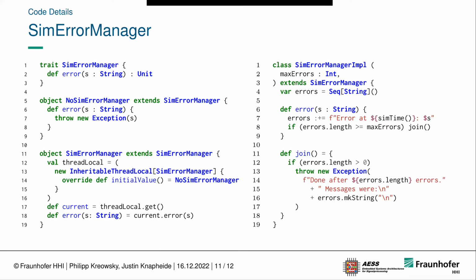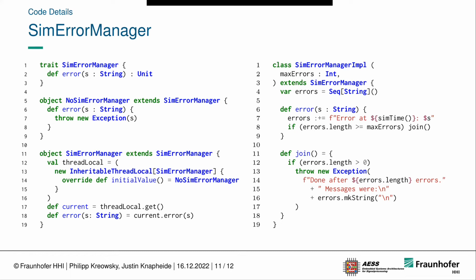On the right, the NoSimErrorManager would just terminate right away anyways, while on the left, the manager just collects a bunch of errors, and only once the threshold is reached, then ends the simulation. And using dynamic scoping with this inheritable thread local class, we can just select different managers for different parts of the simulation or for different simulations running in parallel.